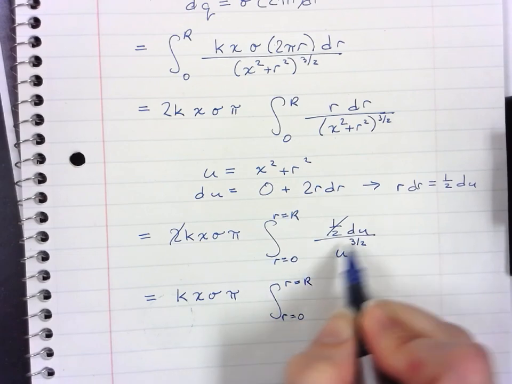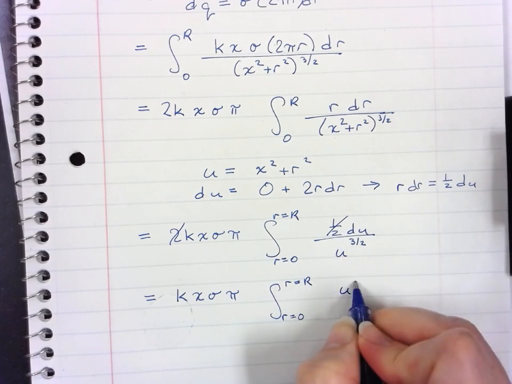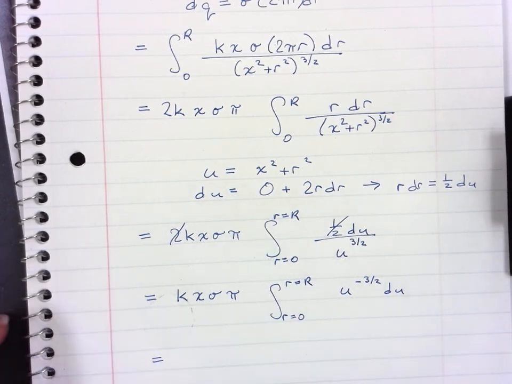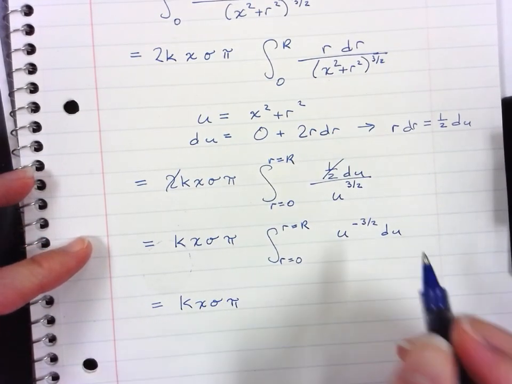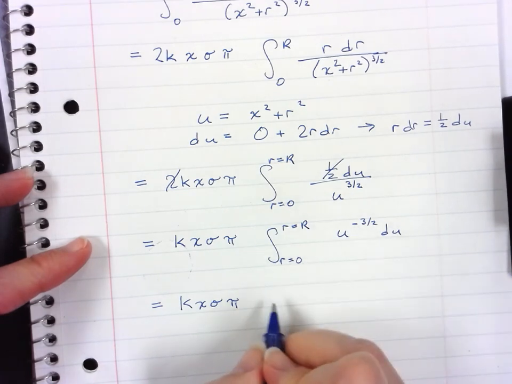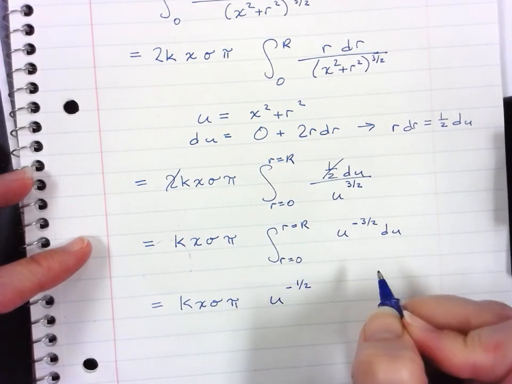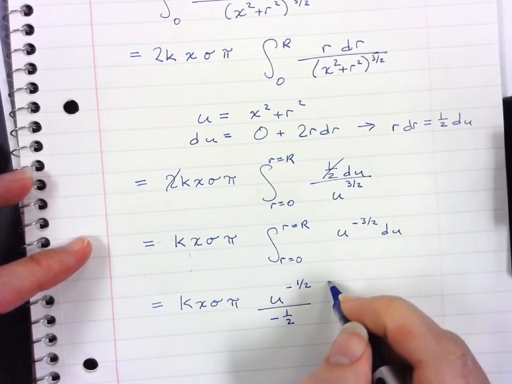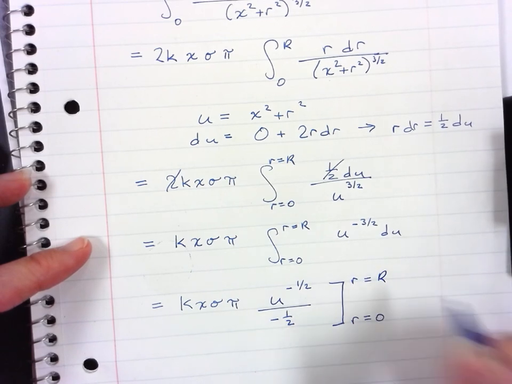I don't like to do denominator integrals, so I'm going to move this to the top by changing it to a negative 3/2. And then I can use my regular rules. Kx sigma pi, I add 1, u to the negative 1/2, because negative 3/2 plus 1 is negative 1/2. Divide by the new exponent, negative 1/2. And I have to evaluate that between r equals 0 and r equals big R.